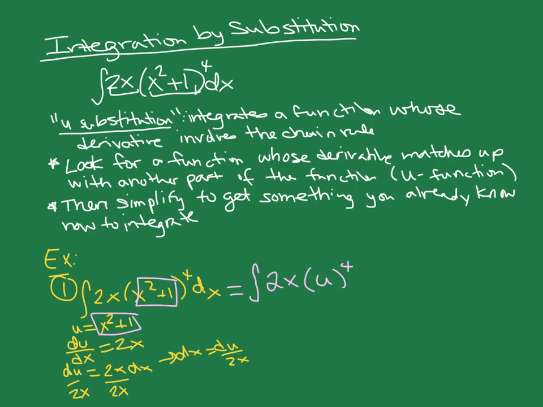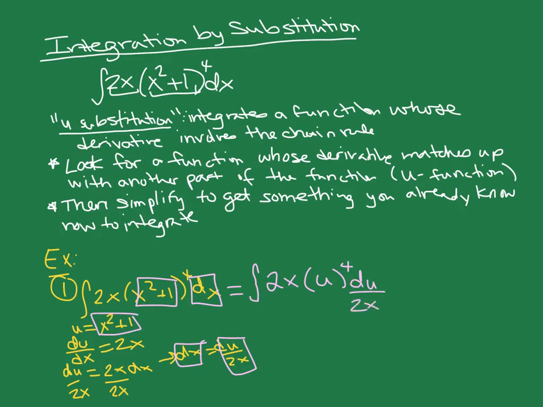The other thing is that I have a dx right here, to show that I'm not integrating with respect to x, but I'm doing it with respect to u. I'm going to replace that dx with this du over 2x that I got before.